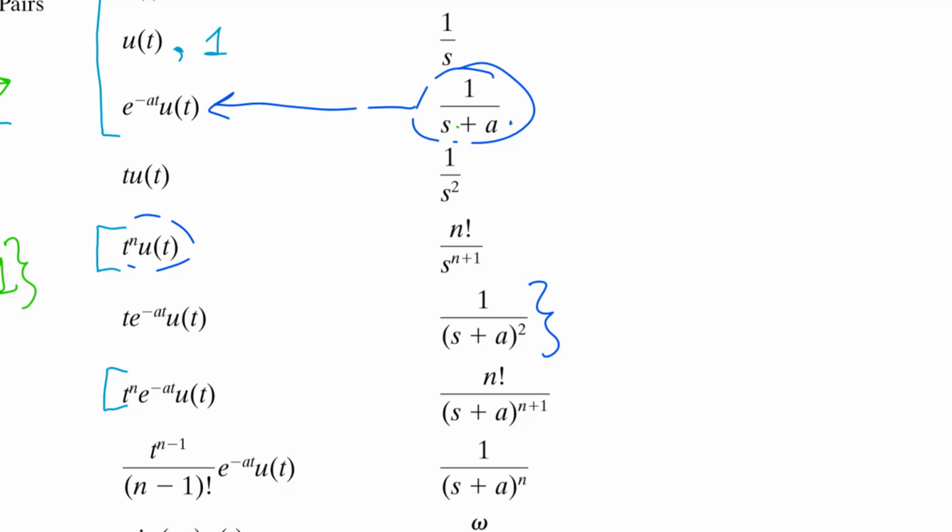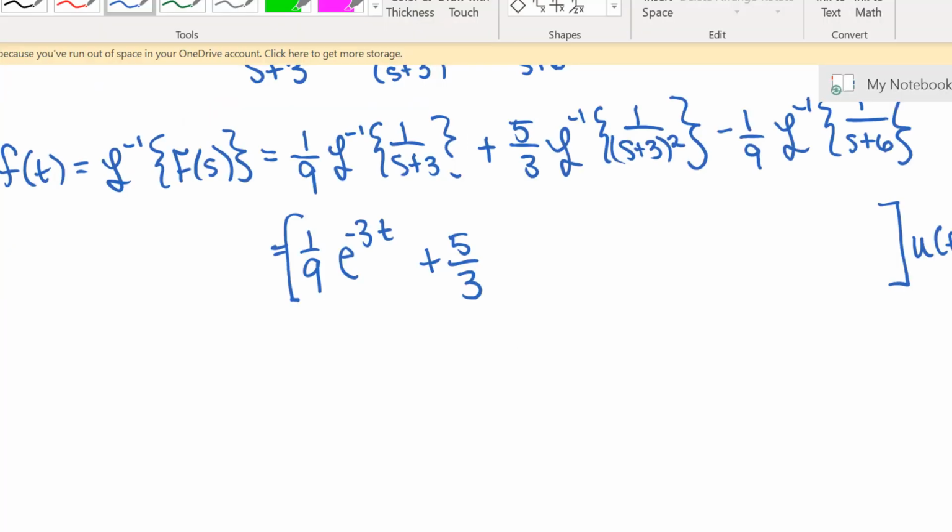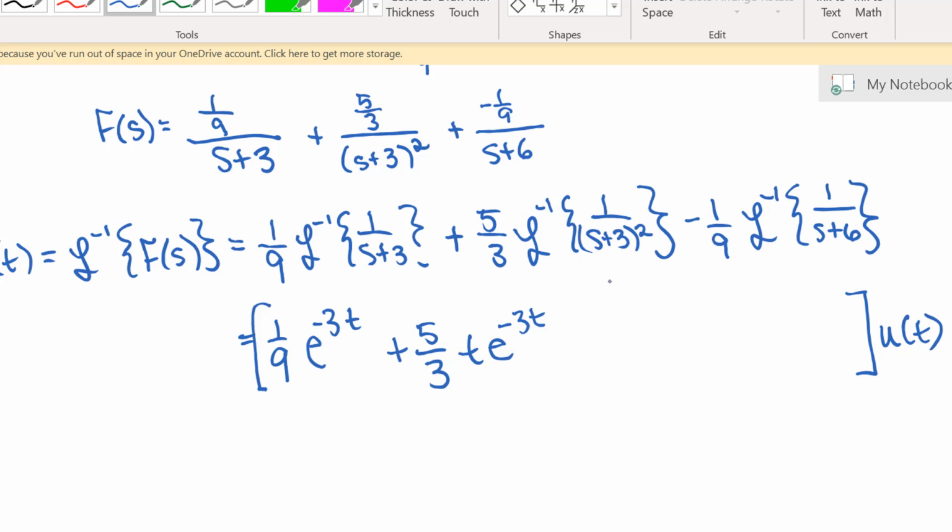So it's almost like the last one, it's just I have a t out in front. So t e to the negative 3t. And then the unit step function is at the end, and then minus 1/9. And then this one would just be e to the negative 6t. Okay, I left a little bit of extra room, but then that's our answer.